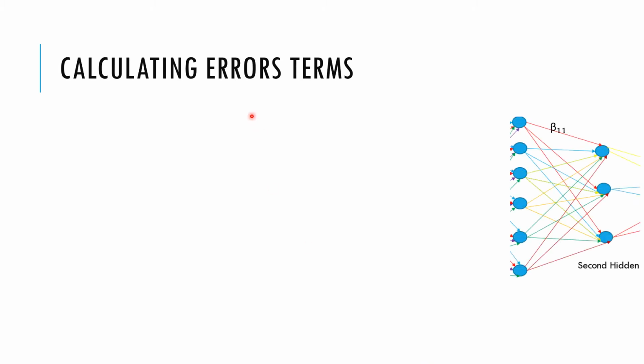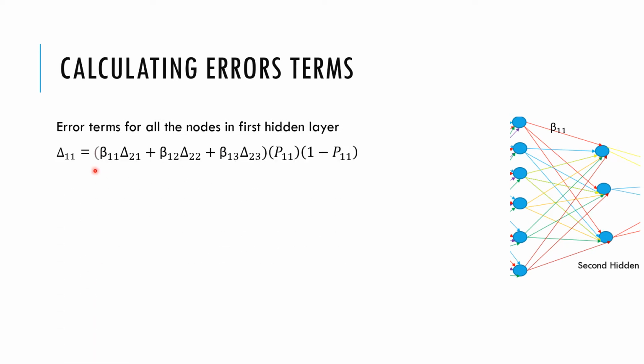Now we do the same thing, the error terms we calculate for the previous layer, right? Now we are going to do it for the first hidden layer. All the nodes, you see, beta 11, right? This is beta 11. So the error term of this, which we calculated in the previous slide, delta 21, for this one delta 22, for this delta 23.